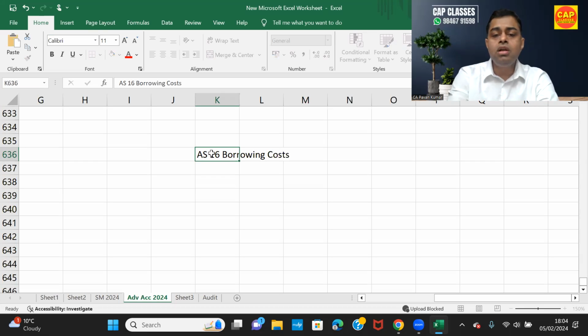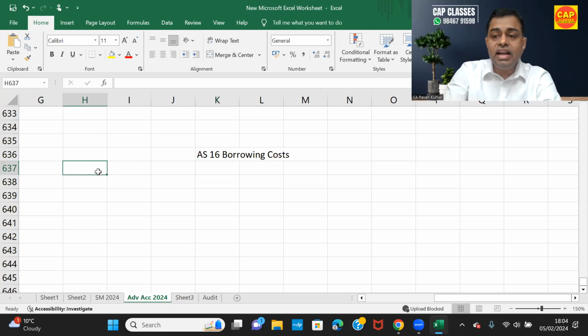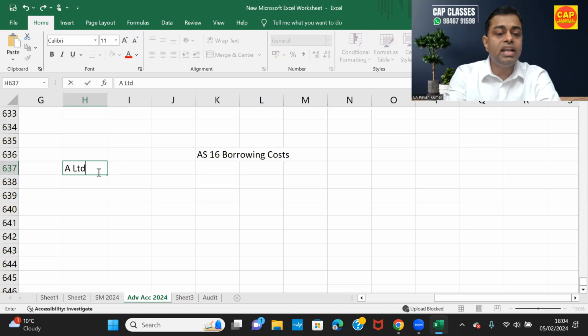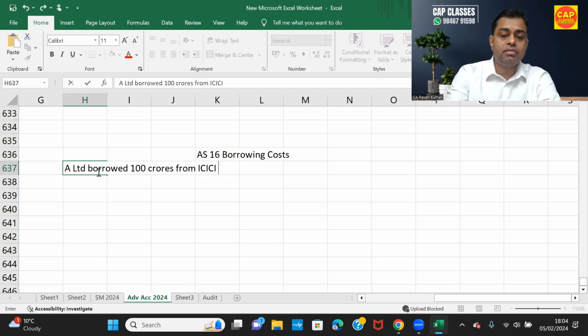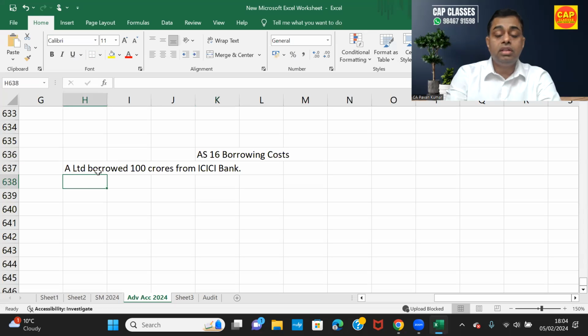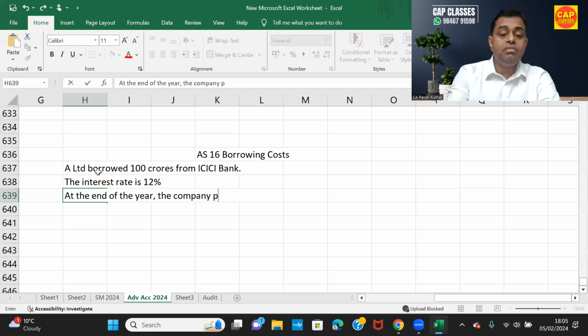Now, say for example, there is an entity A Limited which borrowed 100 crores from ICICI Bank. The interest rate is 12%. So at the end of the year, the company paid or accrued.